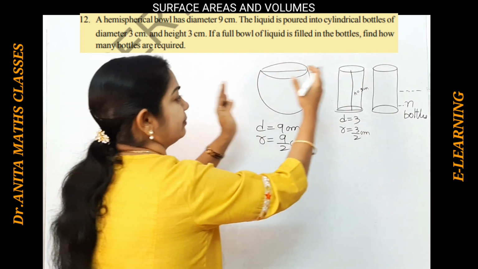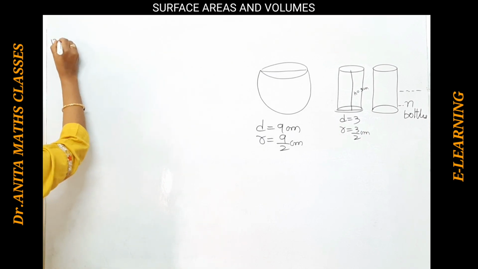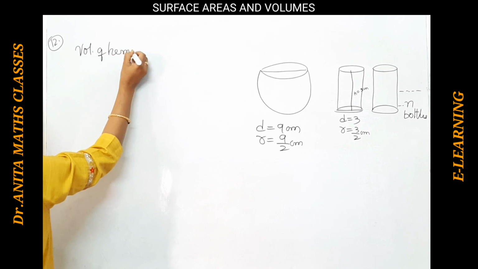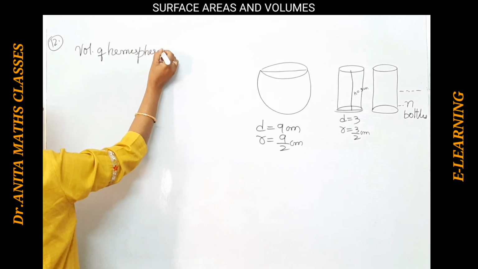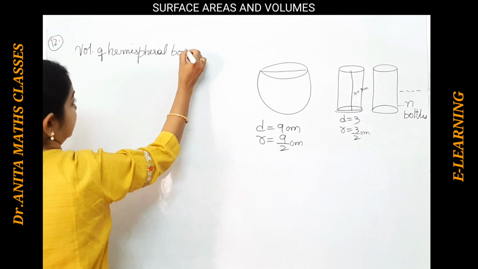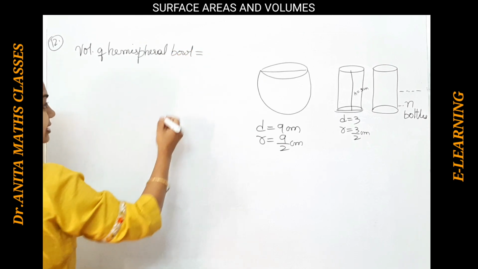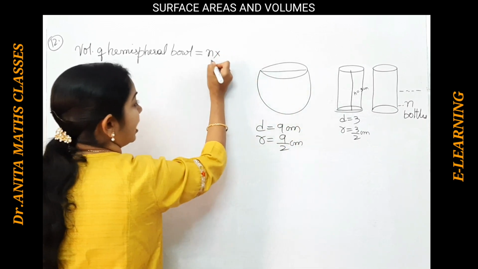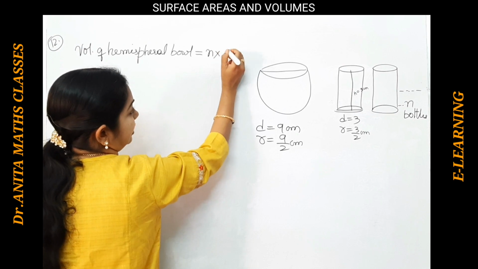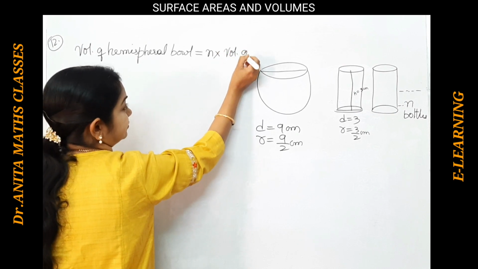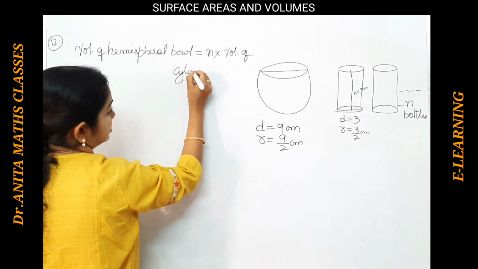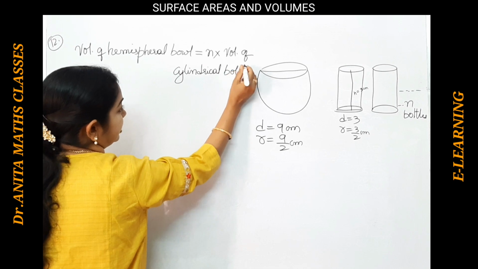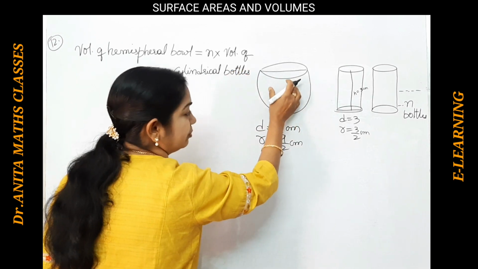So we can equate both of them, equating both the volumes. So volume of a hemispherical bowl is equal to n, because we have to find n, where n is the number of bottles, times the volume of a cylindrical bottle. So we are equating the volume, that is the liquid.